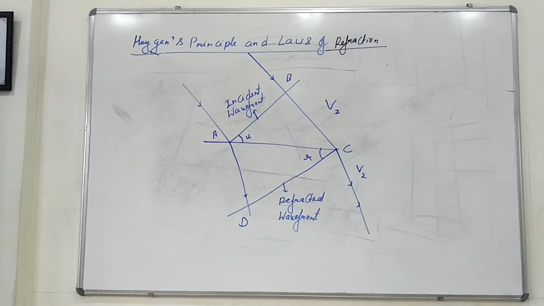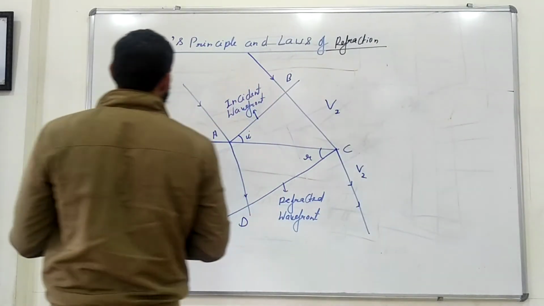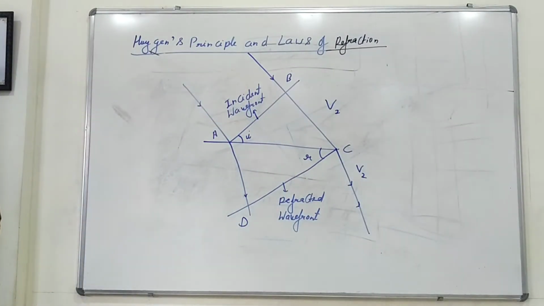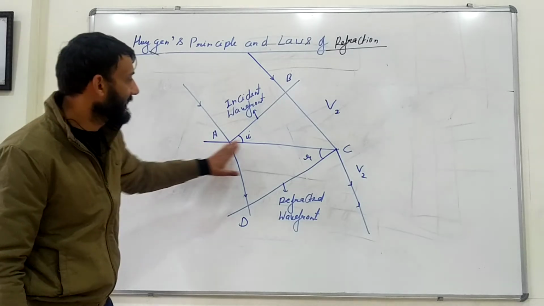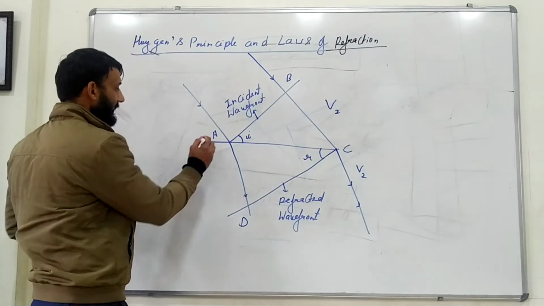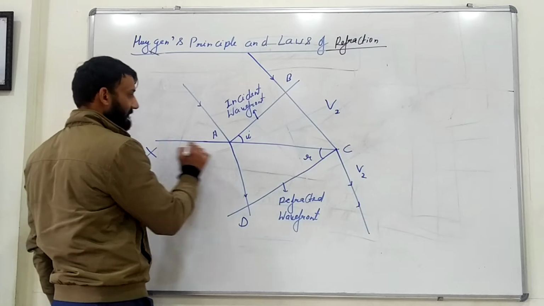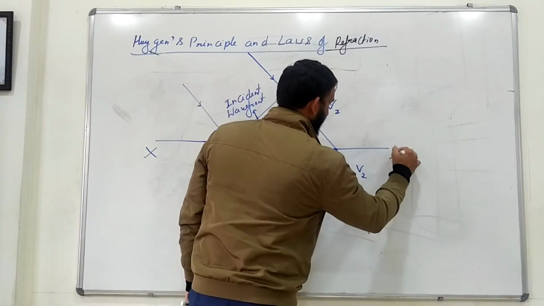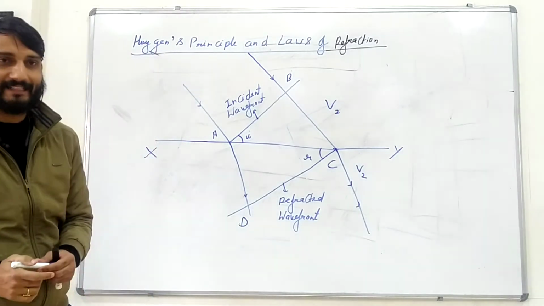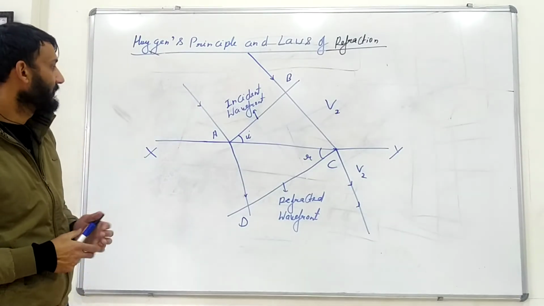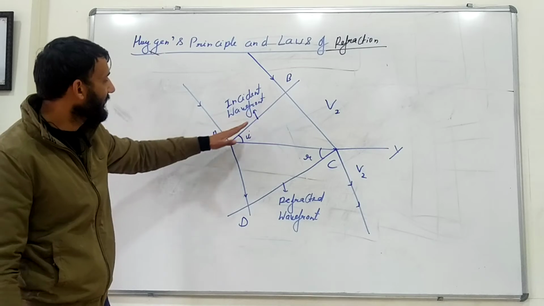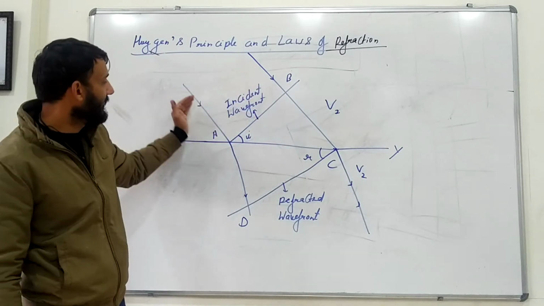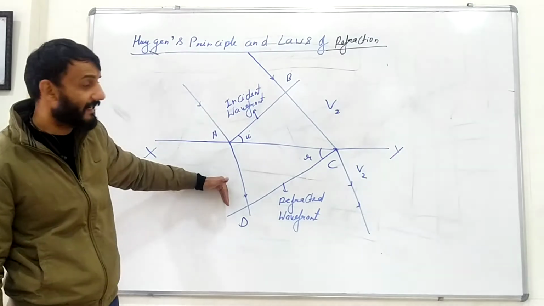Okay, so now here is the diagram to prove the laws of refraction. You know that this is an interface. An interface is an imaginary surface which separates two different mediums, right? So we are talking about refraction now. Again, AB is a wavefront, and these are the two light rays refracting; we know they will bend like this.